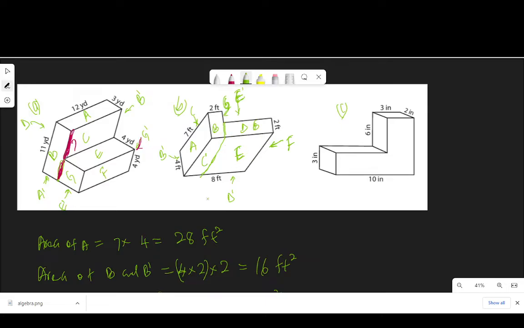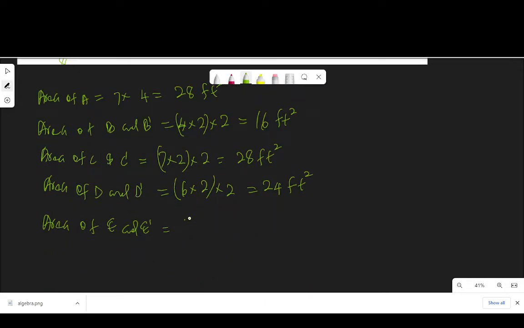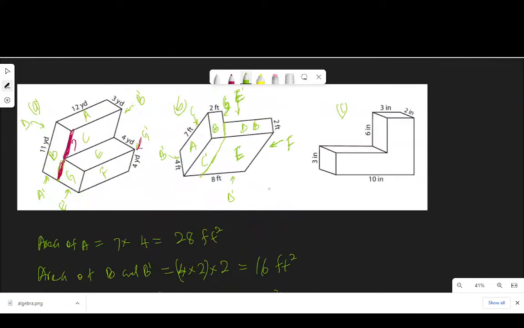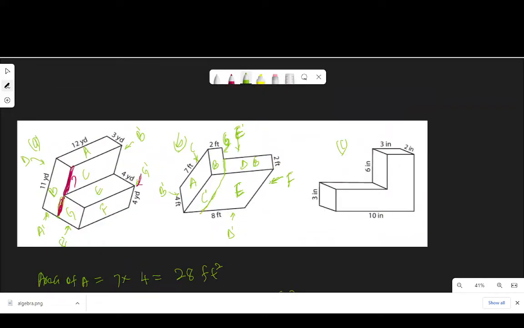The width is 6. It is 7 times 6 multiplied by 2. 7 times 6 is 42. 42 times 2, 84. 84 feet square. Then area of F, this side right here. The length of F is 7. The width is 2.